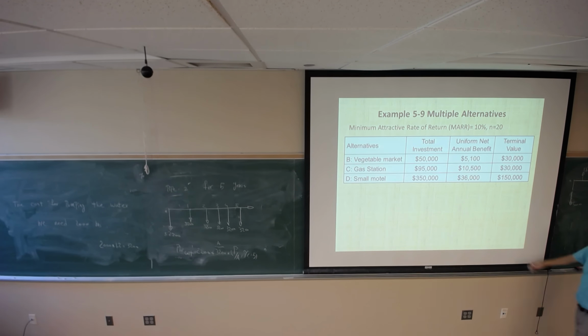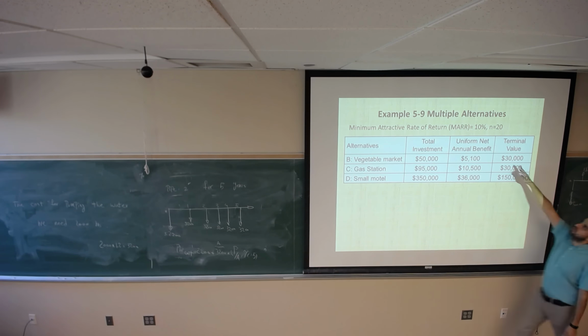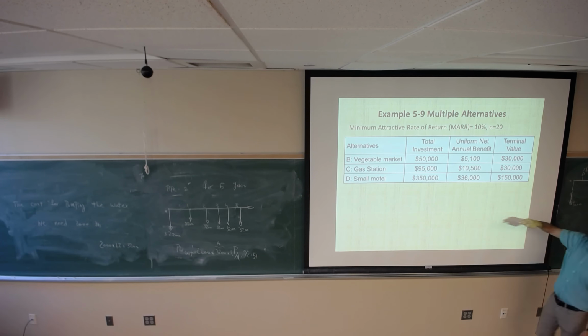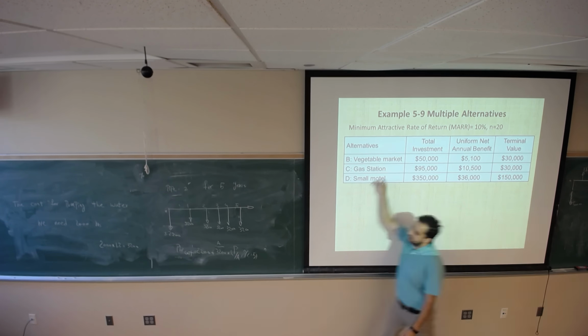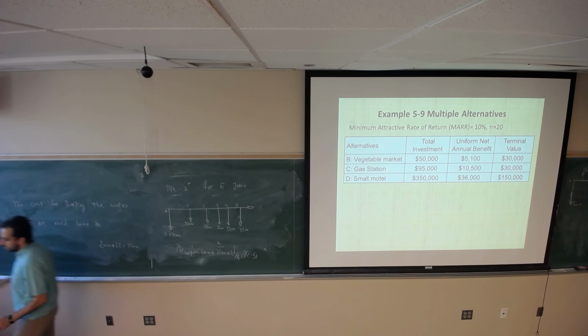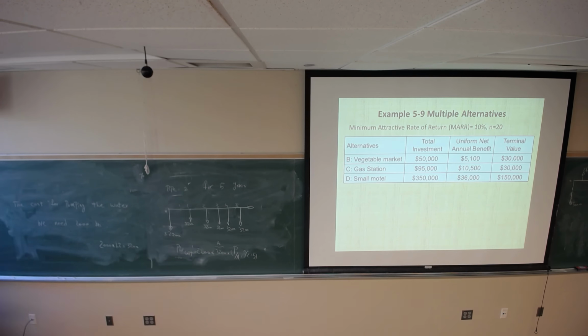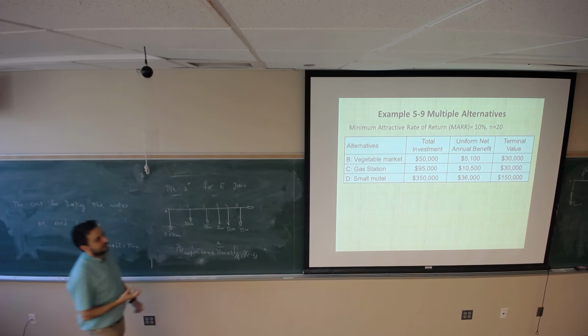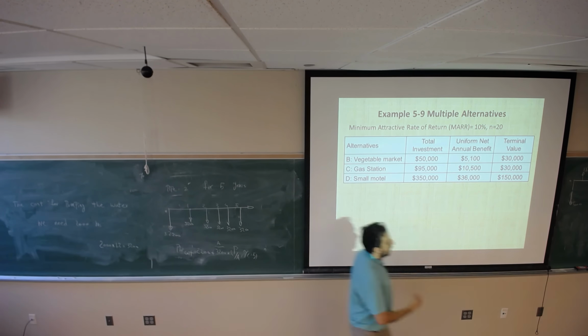So if I say the MARR in this example is 10% and I don't provide any interest rate for calculation, you have to use this 10% to evaluate or judge between the alternatives, because you know that you expect at least 10% on your investment. So this is the definition of the MARR. It's a minimum interest rate that you expect from your investment.